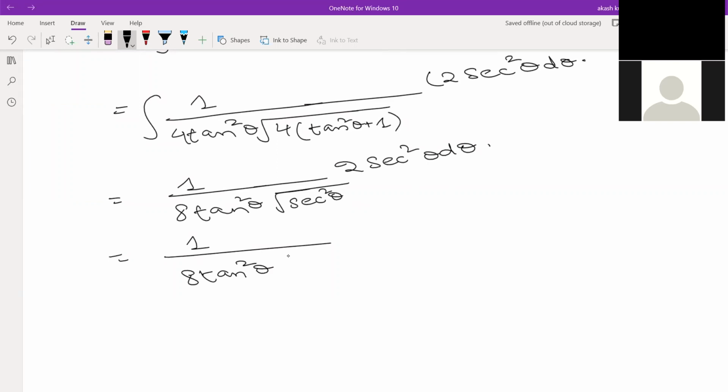And the square root of sec squared theta is sec theta, over 2 sec squared theta d theta.